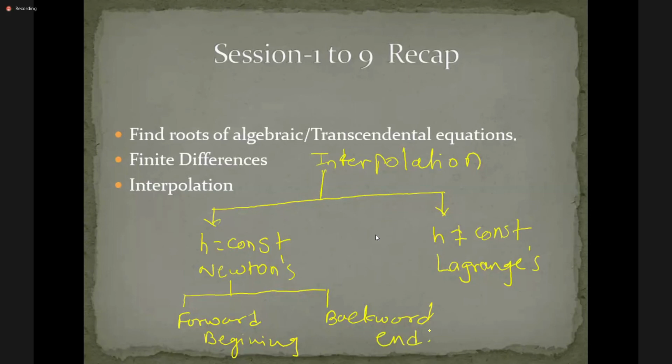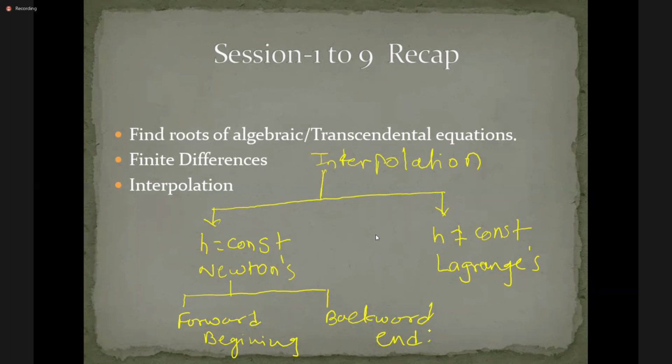Is that clear? Any doubt in how to select which formula we should use? But remember, in an exam, for 99% of the questions, the name of the method is given, so you don't have to think. But if the question is just find f of 9 and x and y are given, now the choice is with you. You have all three methods.